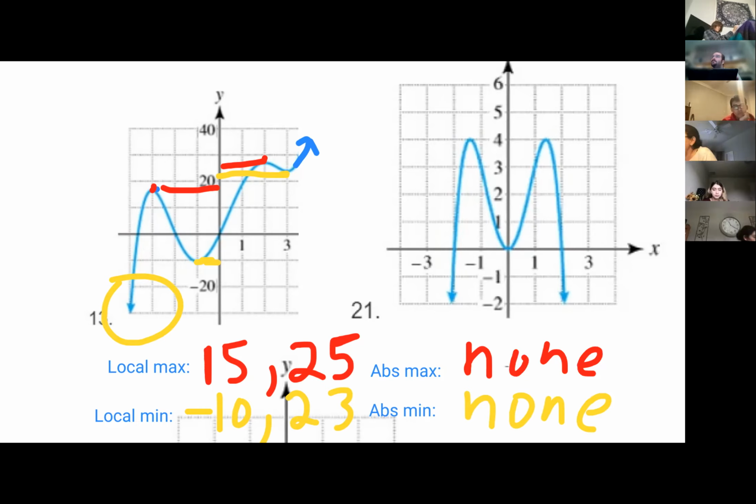Please, can you slow down here? We can read with the exercise because I'm confused. Here, you said the minimum is -10, right? The local min is -10 and the 23. It's anywhere where we have a vertex that's kind of going down, anywhere there's a turnaround point.